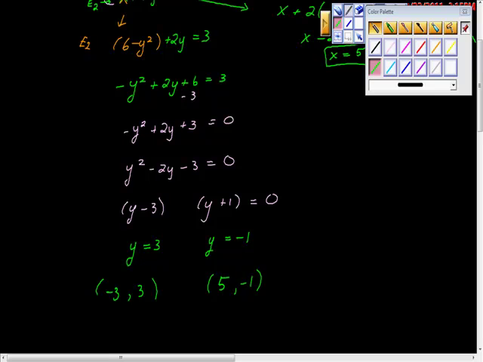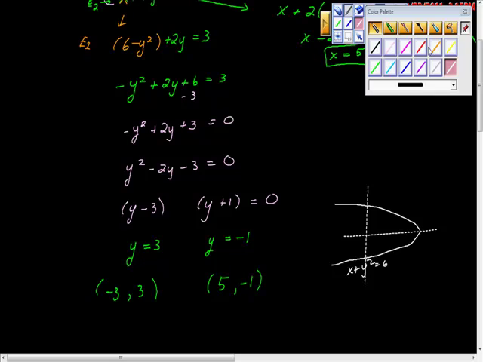If you were wondering what this looks like, here's the Cartesian plane. And one of our functions looks like this, goes like that, and like that. This is our x plus y squared equals 6 equation.